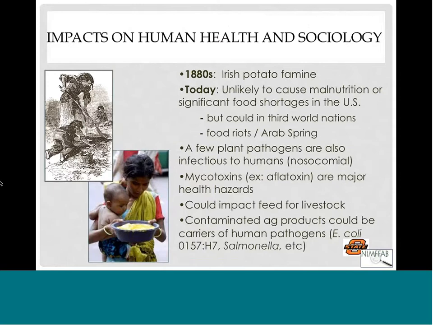Over the centuries, plant diseases have caused tremendous types and numbers of impacts on human health and sociology. Most of us are aware of the Irish potato famine in the 1880s, but when we think about that kind of impact today, certainly in developed countries like the United States, a plant disease is unlikely to cause malnutrition or even significant shortages of particular foods, but that may not be true in underdeveloped nations in the third world.